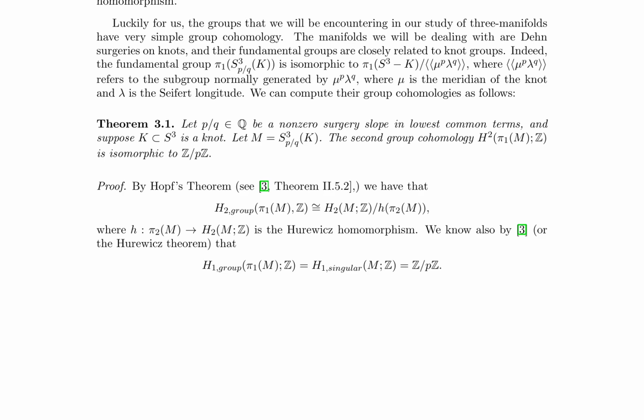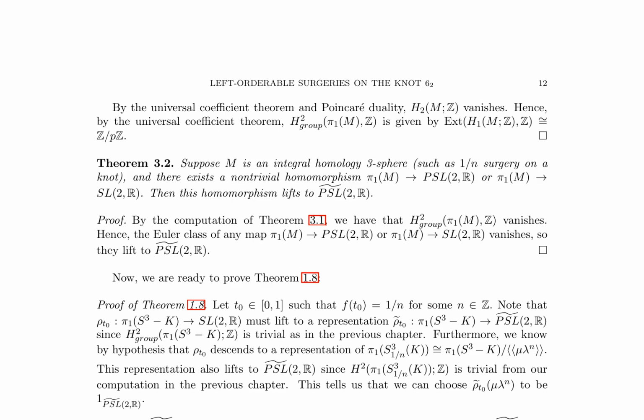Theorem 3.1 states that for a non-trivial homomorphism π1(M) → PSL(2, R) or π1(M) → SL(2, R), the Euler class vanishes, and therefore the homomorphism lifts to PSL(2, R)~.